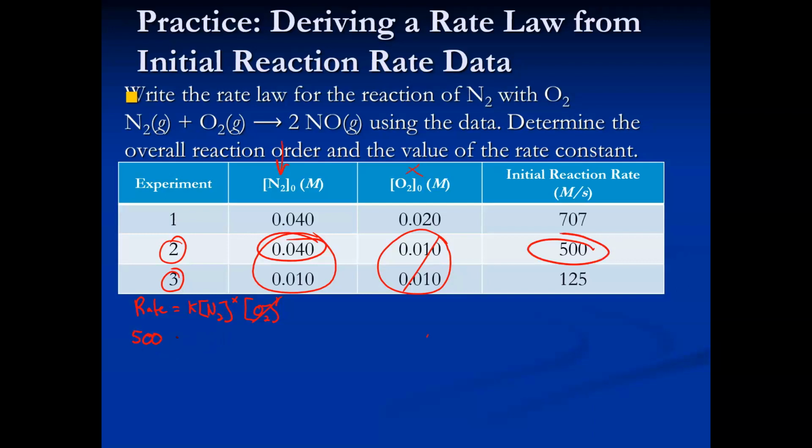It's 500 equals k times 0.04 to the X, over 125 equals k. See how these just cross off? So I'm just going to ignore them. Times 0.01 to the X.